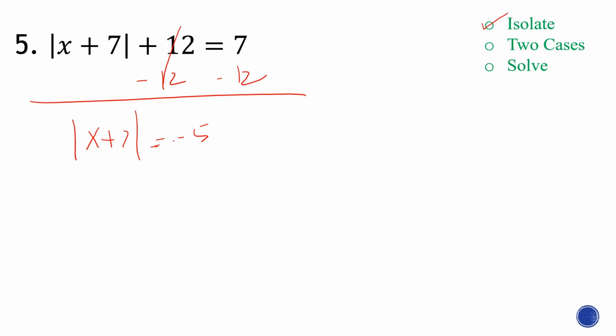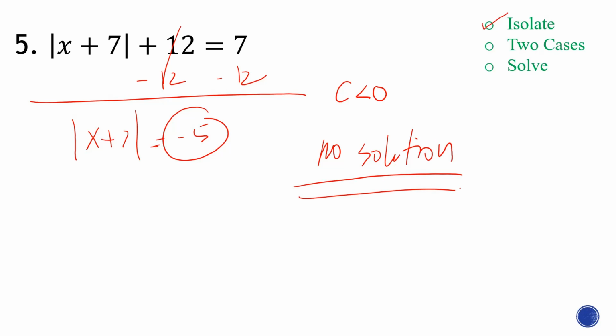Remember, if c is less than 0, which here, this is less than 0, that means there's no solution. There's no need for us to continue this one because this one has no solution at all. Let's go to the next one.